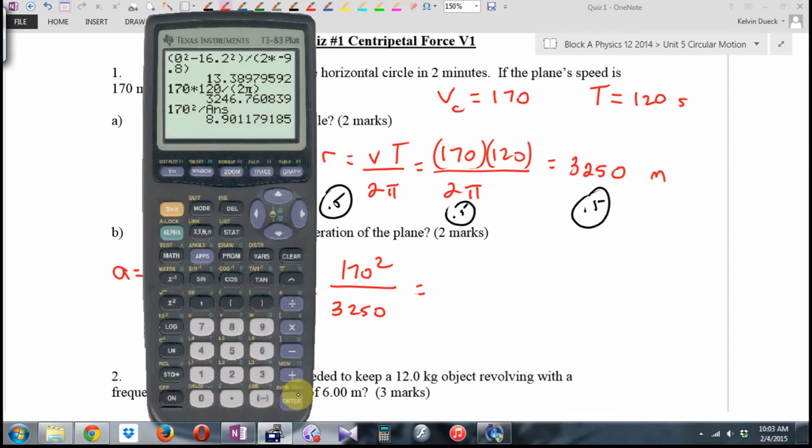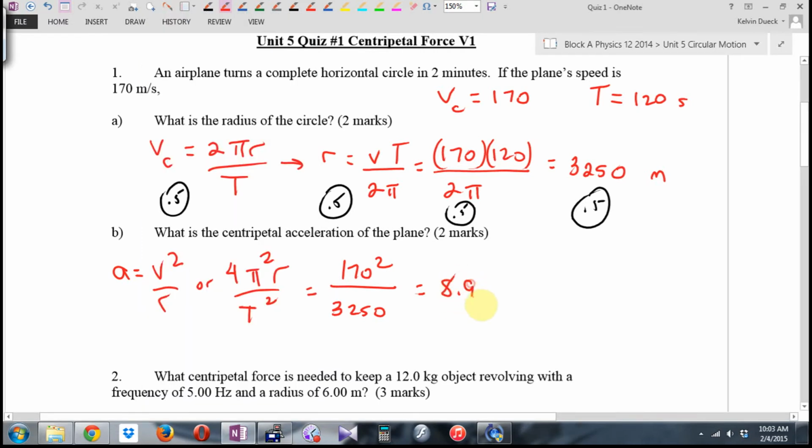And I get 8.9 meters per second squared. Not even a g. One mark for the formula, 1 mark for the number.